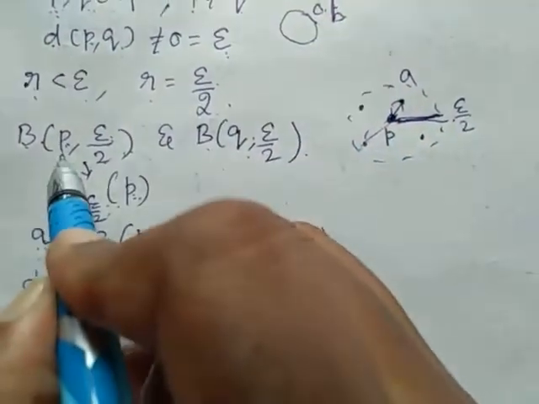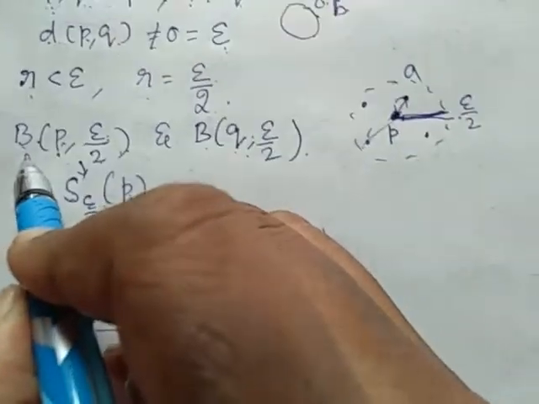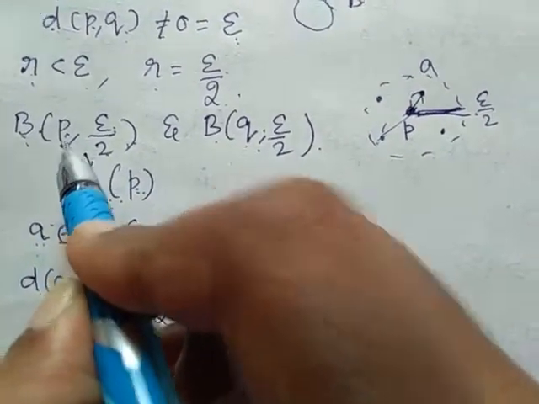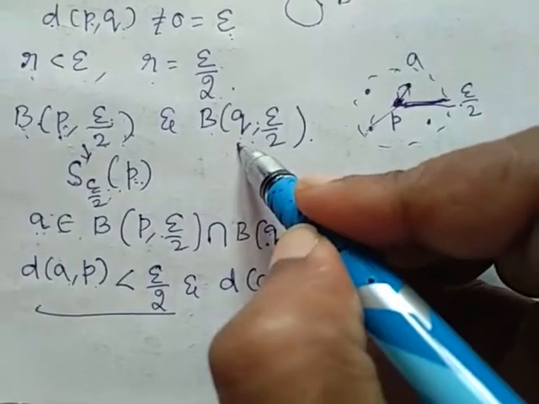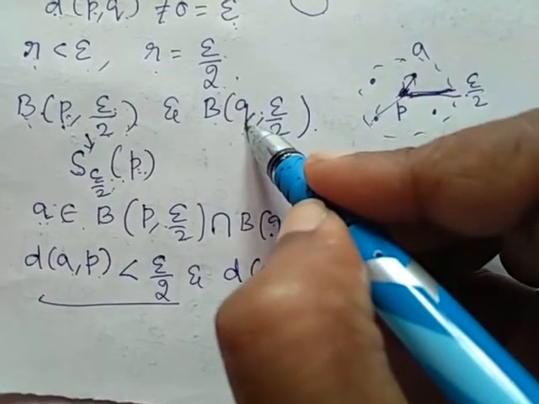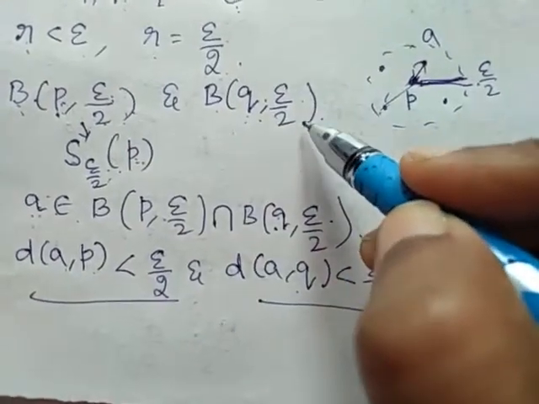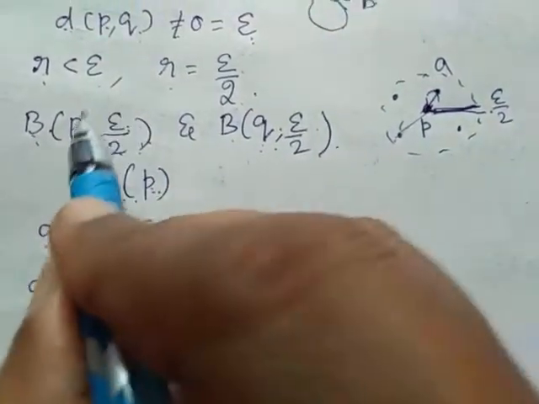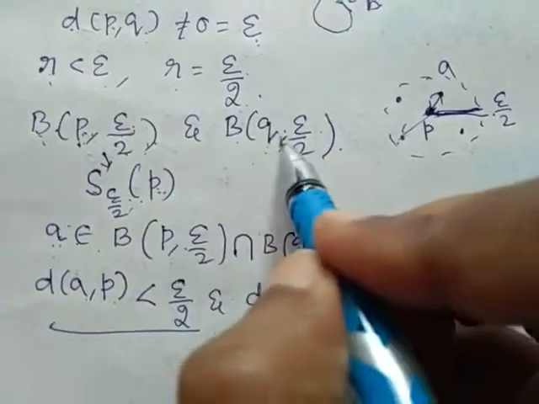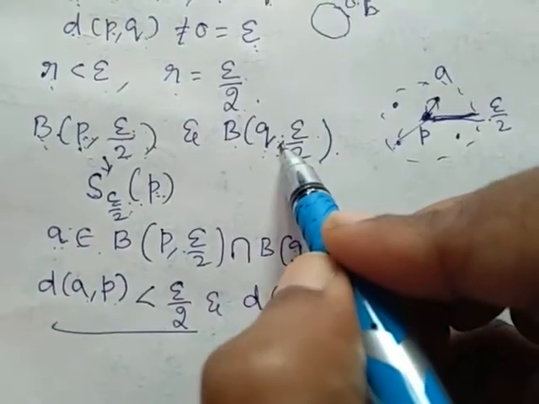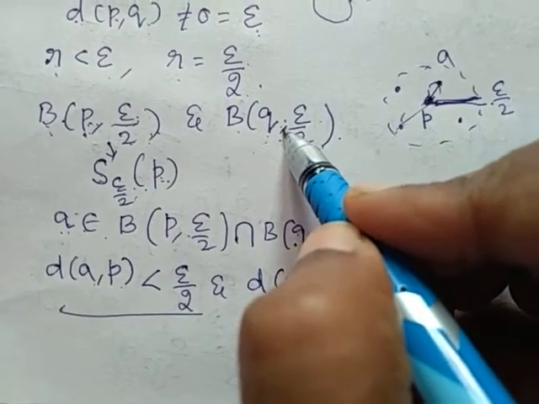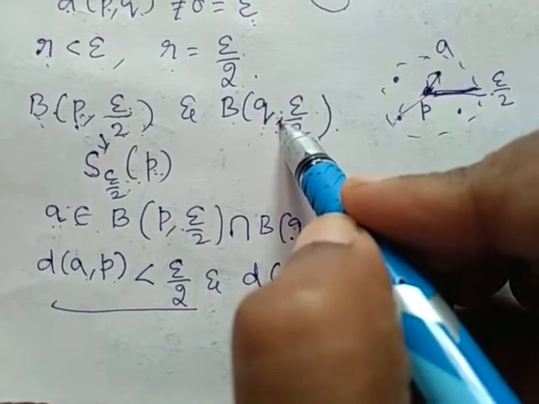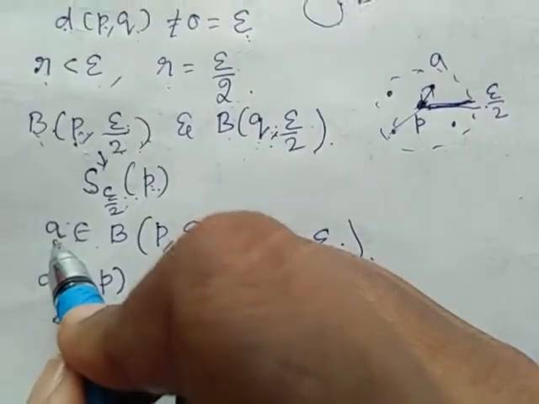Now I am considering two open spheres: B with center P and epsilon by 2 as radius. Similarly, I am considering another open sphere with center Q and radius epsilon by 2. I have to prove these two open spheres' intersection is a null set, but as a contradiction, I am assuming there exists some common point A between these two open spheres.